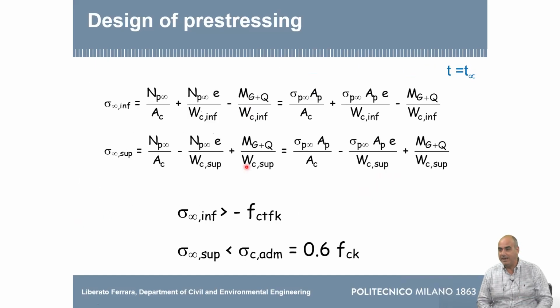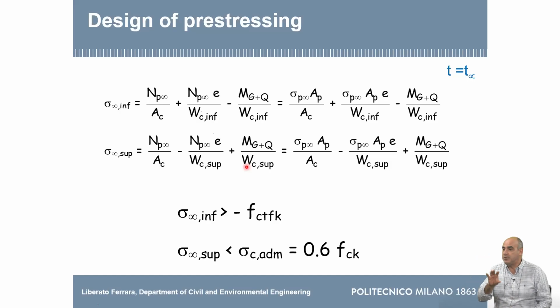Then we go for what we call here T infinite. At T infinite, what do we expect to change? Well, because we have added more and more gravity loads which increase the positive bending moment, we expect that the stresses at the bottom will be tensile and the stresses at the top will be compressive.